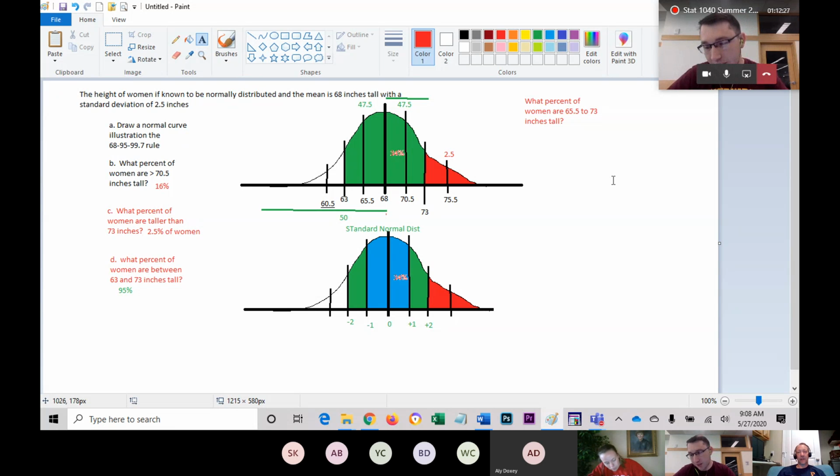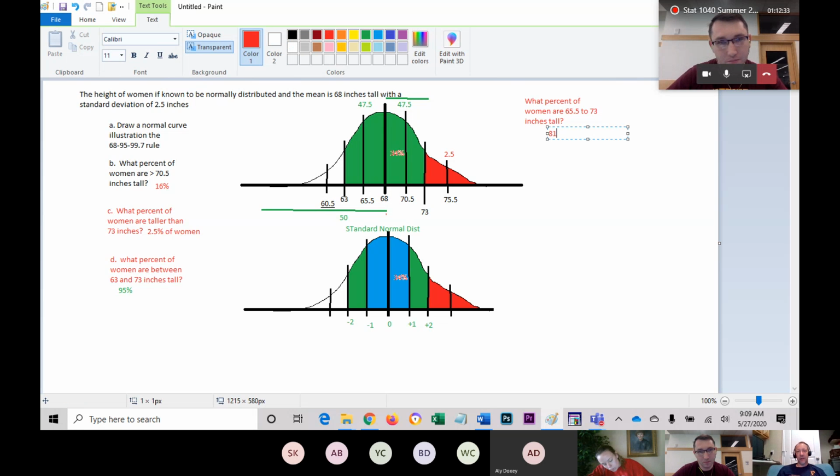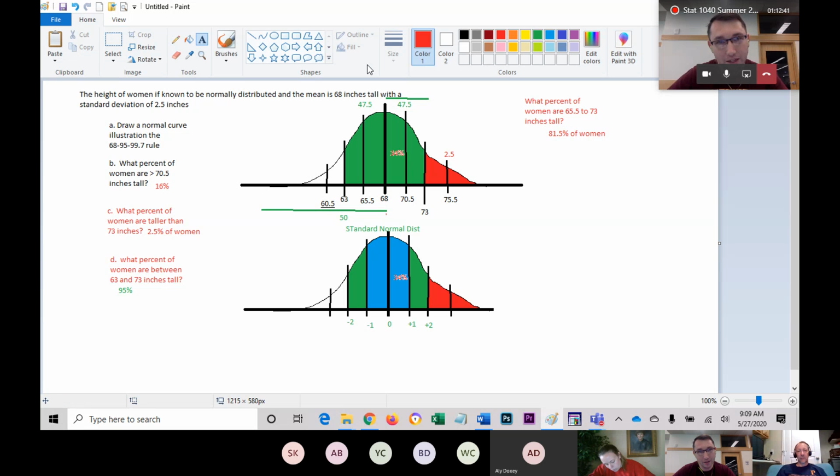81.5% of the women? 81.5. How did you come up with that number? So from 68 to 73 inches tall is 47.5. Okay, so you use this number right here.